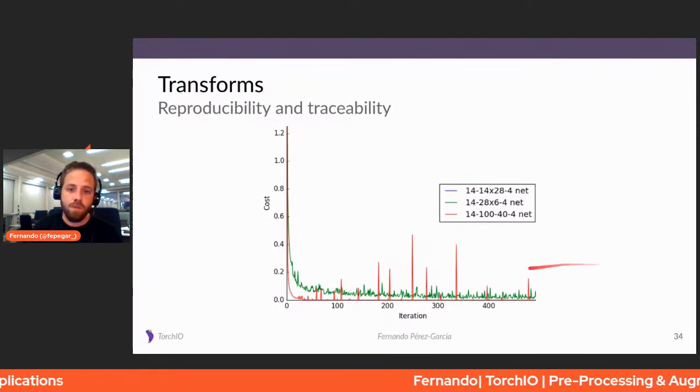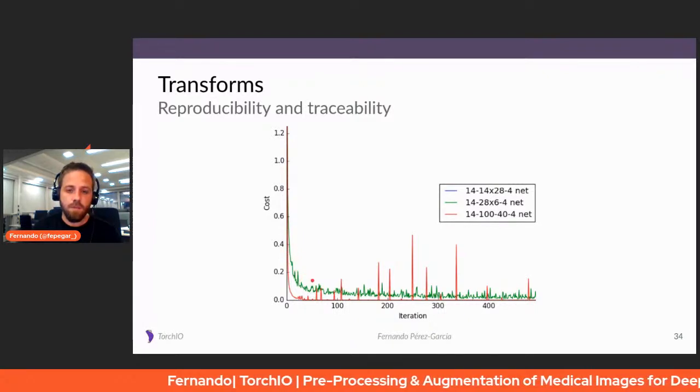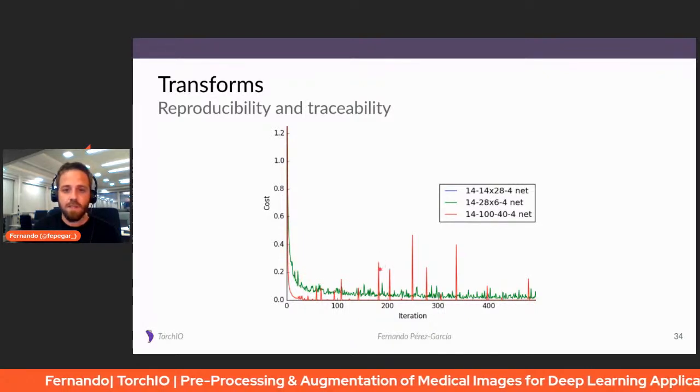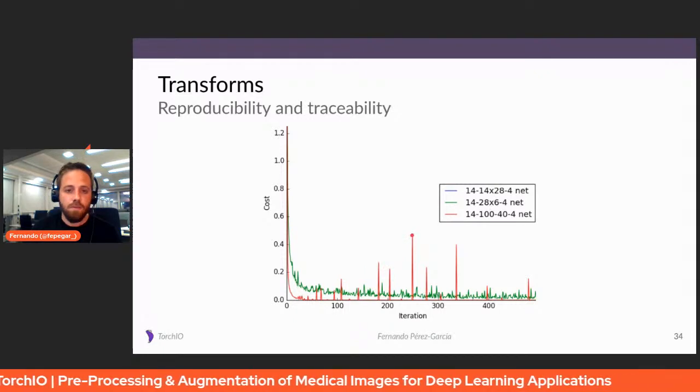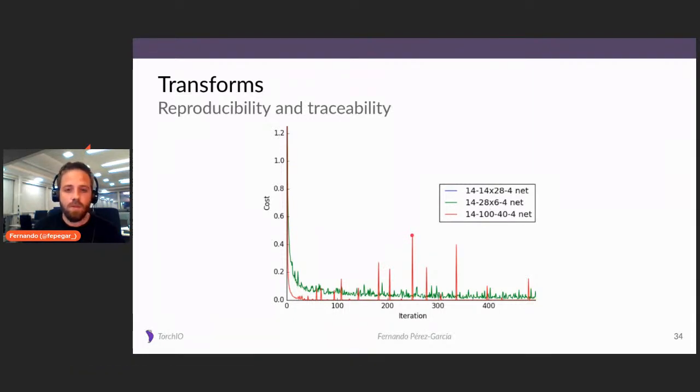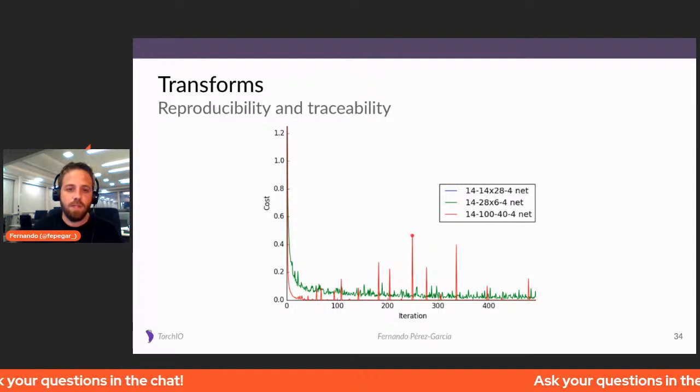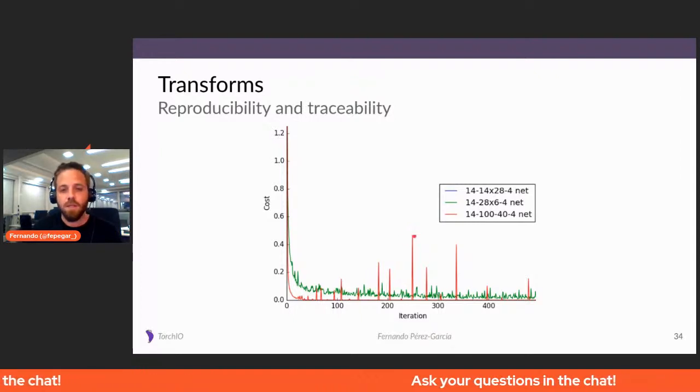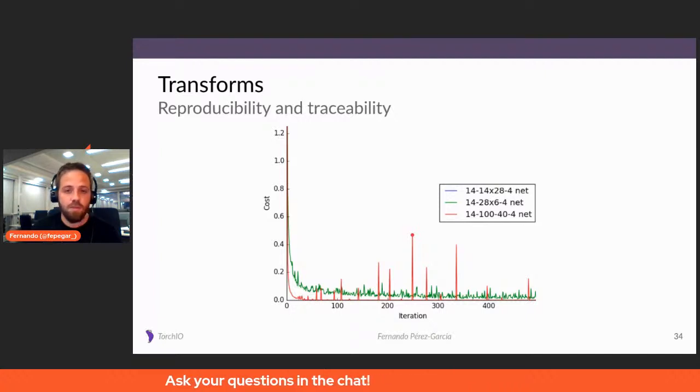And then also it's important to trace. So for example, this is a training curve where we can see some spikes, and we would like to know what happened. So what happened in this batch? Why was my loss so bad? And this might have happened 3 days ago in the middle of the night, etc.